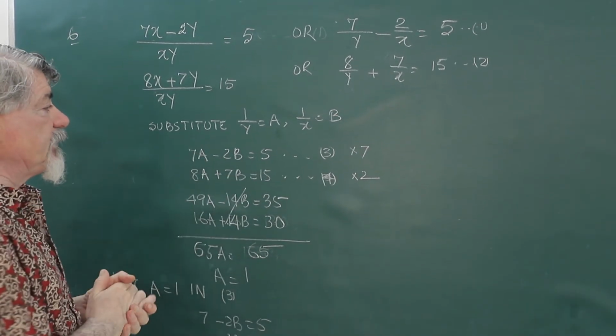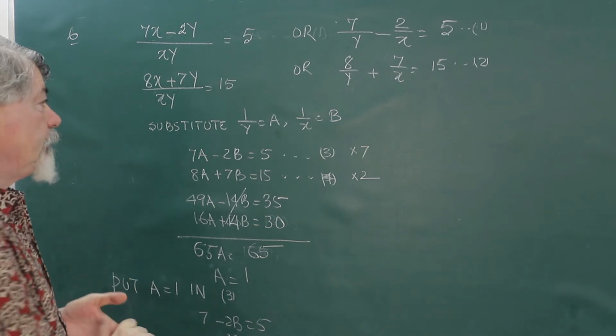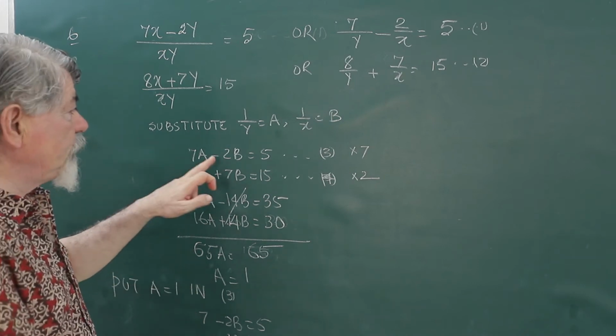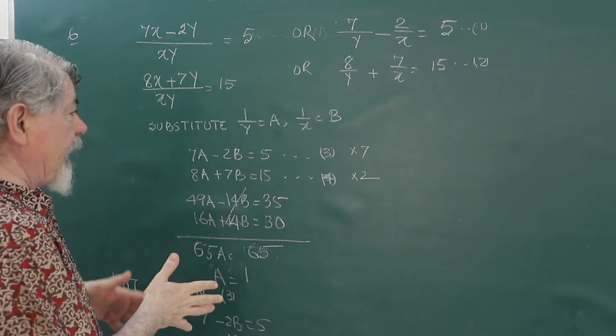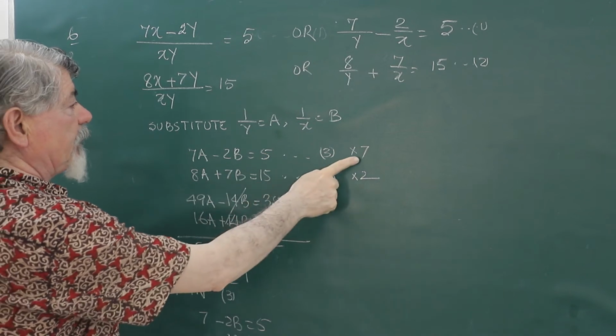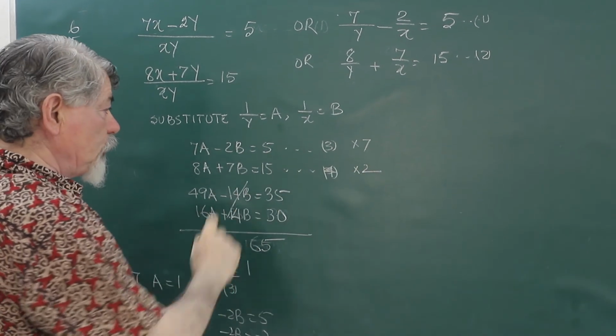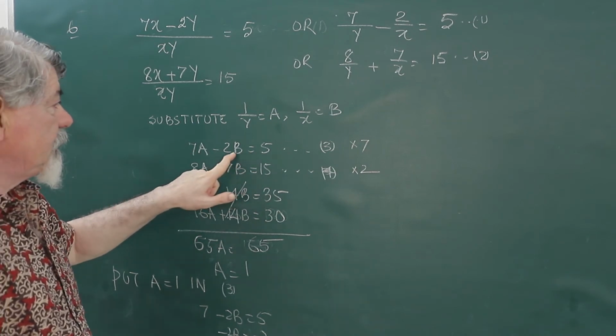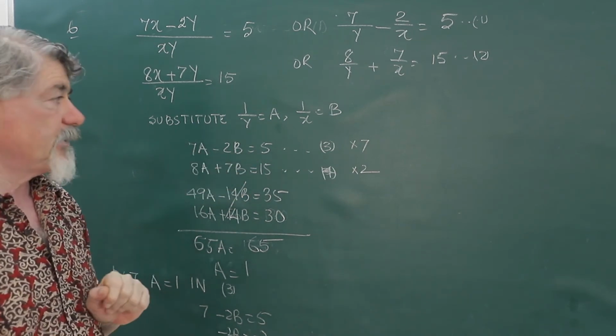Now in these two equations I'll make the b terms equal, because for making the b terms equal I don't have to subtract, but I have to add. So what I do is multiply the first by 7 and the second by 2. When I multiply it by 7, 7 7s are 49, 7 2s are 14, 7 5s are 35.